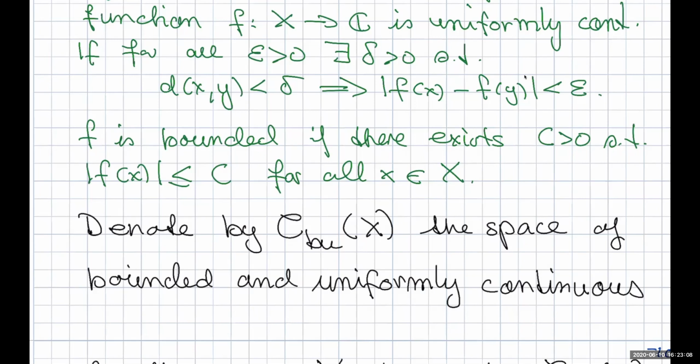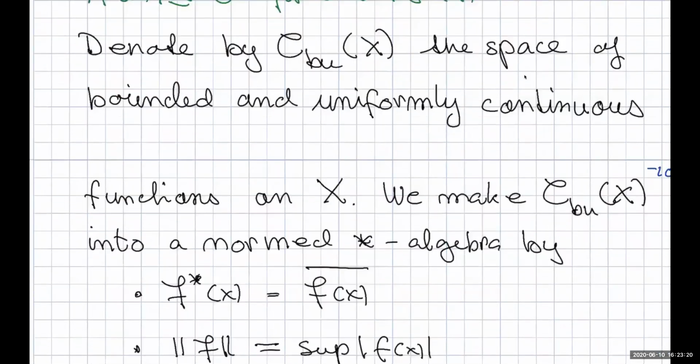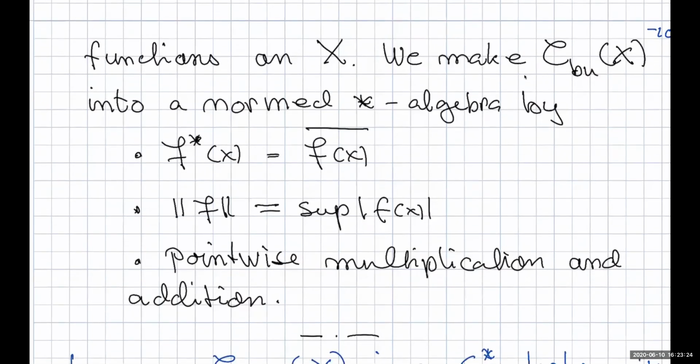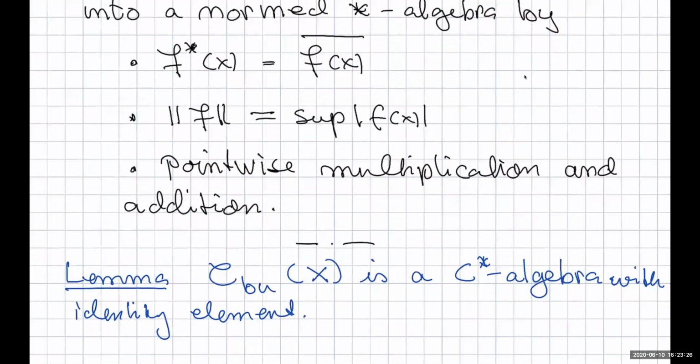If you multiply them, they are still bounded and uniformly continuous. The sum is too, so this becomes clearly a C-star algebra, okay? So this is a C-star algebra, and the norm is just the supremum, okay?